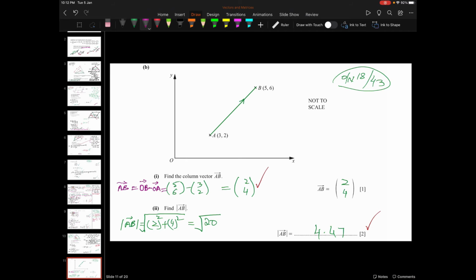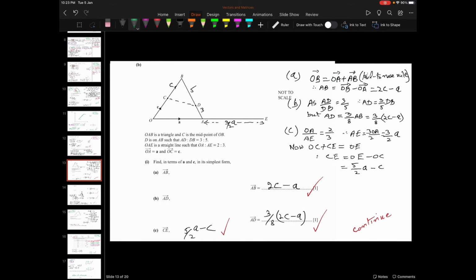So AB vector is 2 and 4. Now find the magnitude of vector AB. So modulus of vector AB is equal to 2 square plus 4 square whole under root, which is equal to square root of 20 or 4.47.